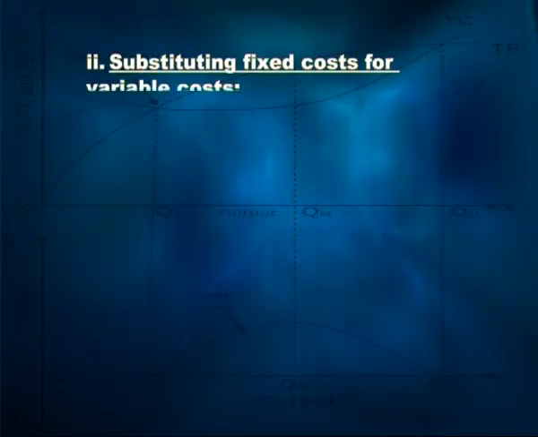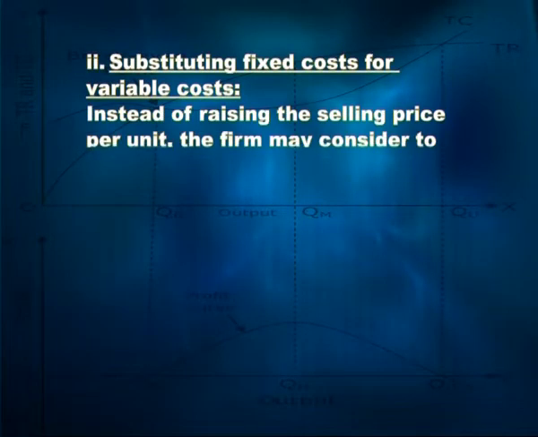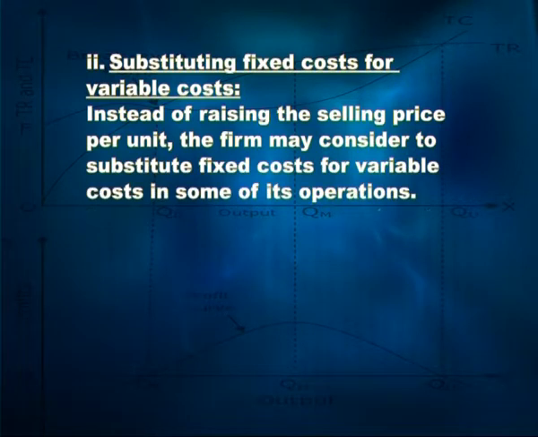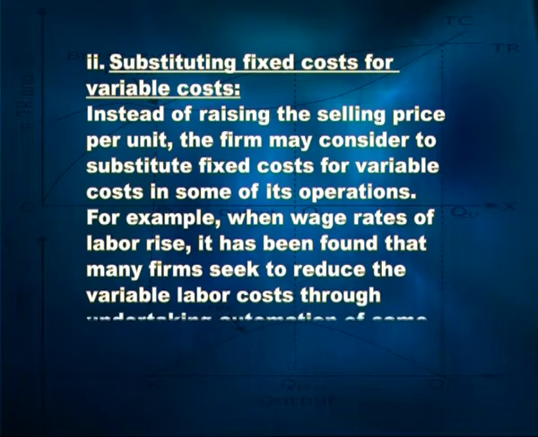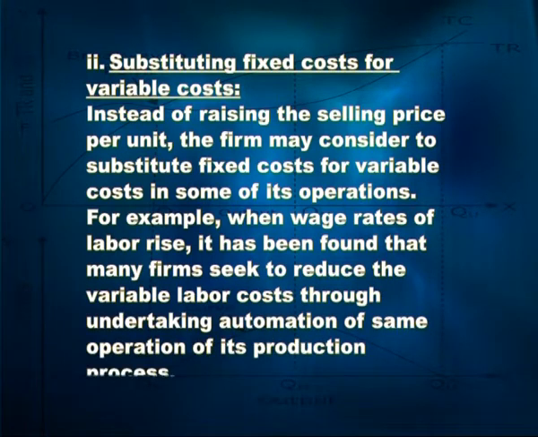Second, substituting fixed cost for variable cost. Instead of raising the selling price per unit, the firm may consider substituting fixed cost for variable cost in some of its operations. For example, when wage rates of labor rise, many firms seek to reduce the variable labor cost by automating some operations of their production process.